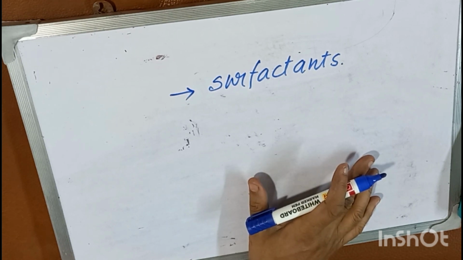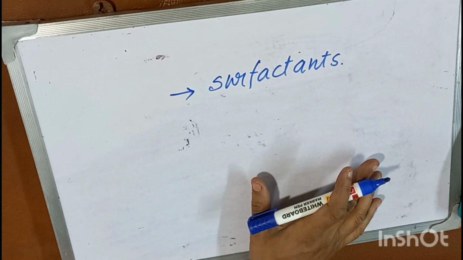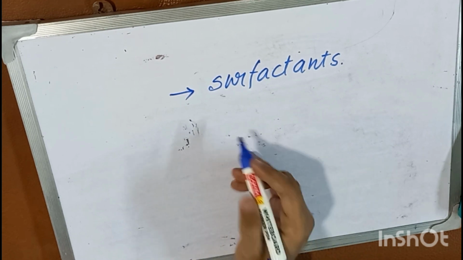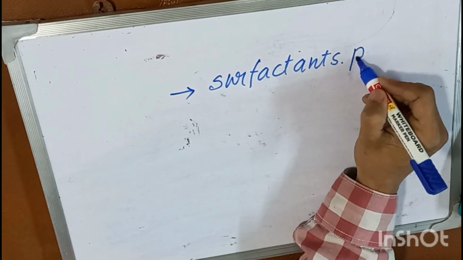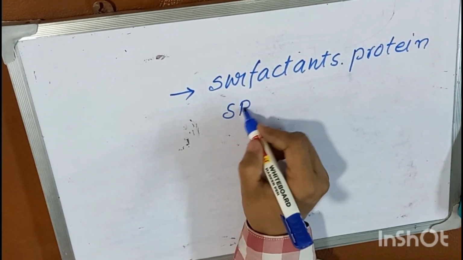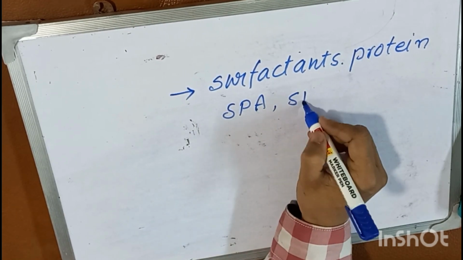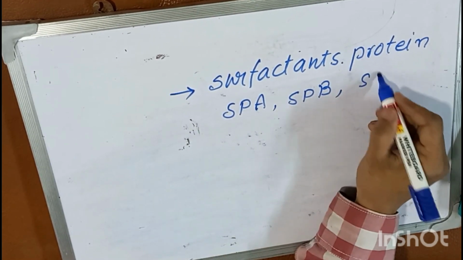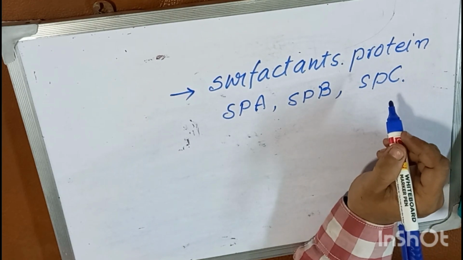There are other proteins also, around 10 to 15%. The major protein constituents are the surfactant proteins, denoted by SPs. So there are SPA, SPB, SPC. These are the surfactant proteins that are present.